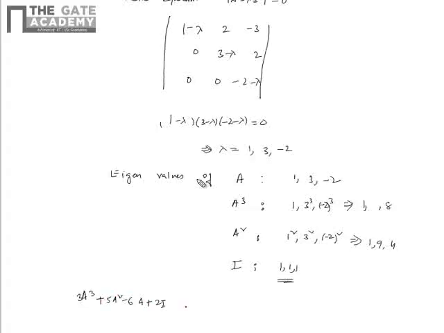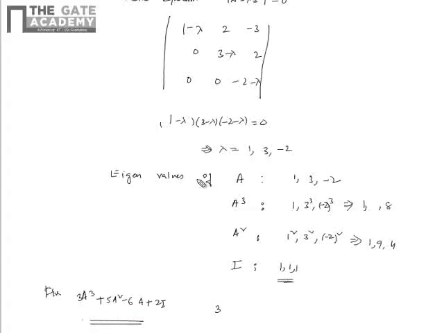We have studied in the properties of eigenvalues that if you have two matrices A and B, the eigenvalues of A plus B will be the sum of the individual eigenvalues of A and B. So I can just find the eigenvalues of A cube, multiply by 3, and so on for this entire thing.